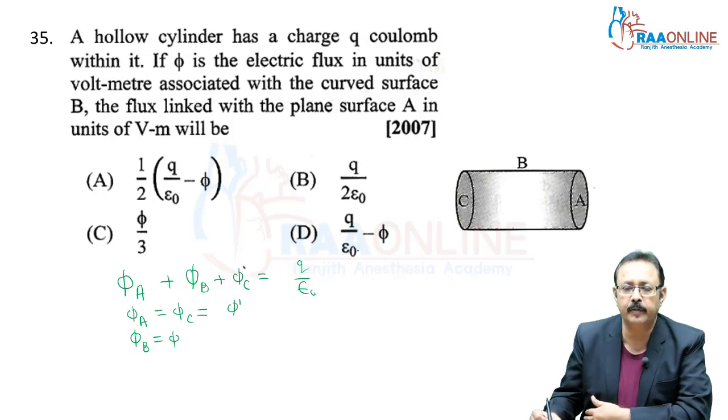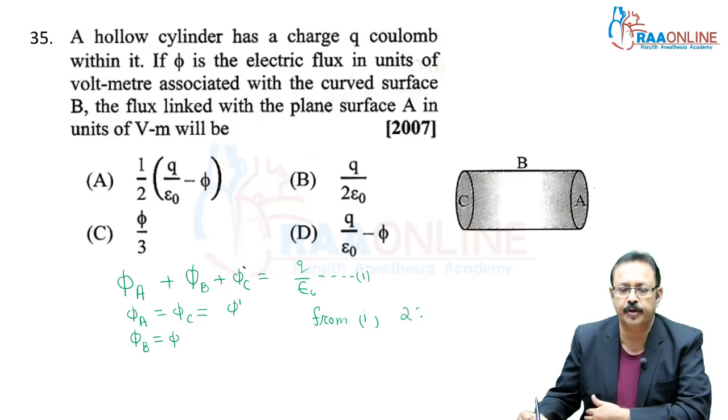So from equation number 1, phi A plus phi C, that means 2 phi dash, plus phi, should be q upon epsilon naught.